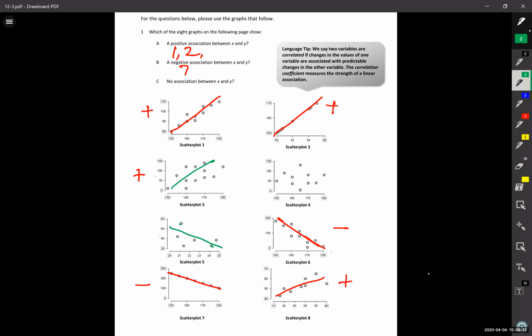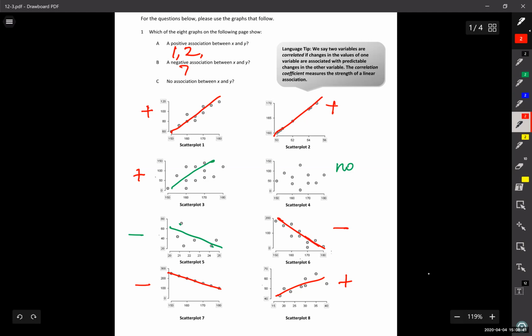It's kind of a weak argument, but it's at least better than trying to convince me that 4 follows a pattern, because that kind of looks like all the dots are all over the place. And a positive line doesn't really describe the pattern either. You can't really tell. It almost looks the same in terms of how the dots are related to the line. So this guy is negative on number 5, and this is no association.